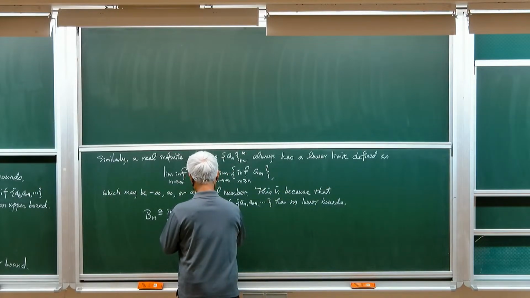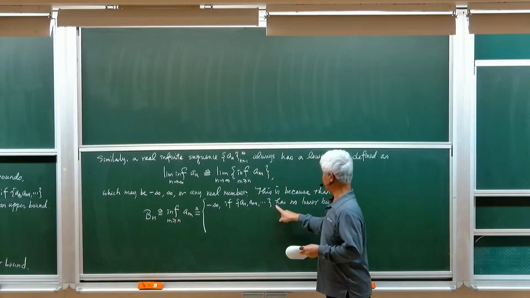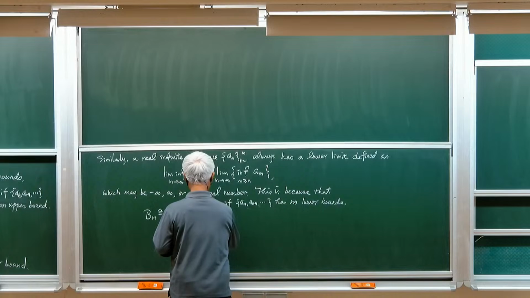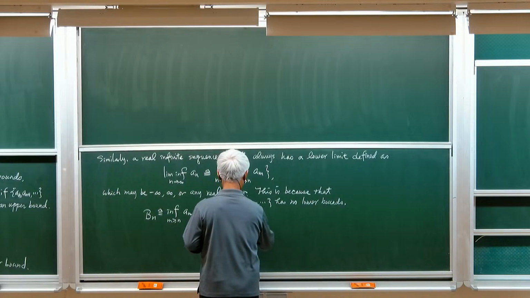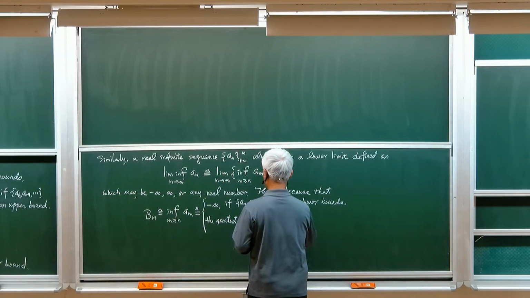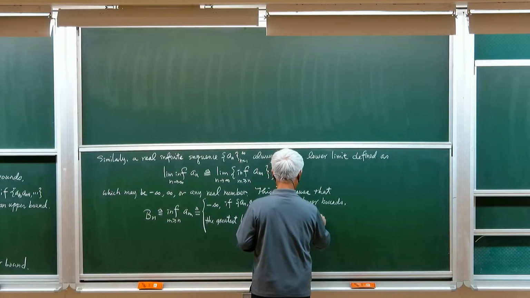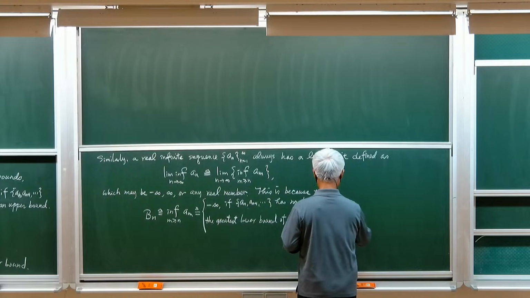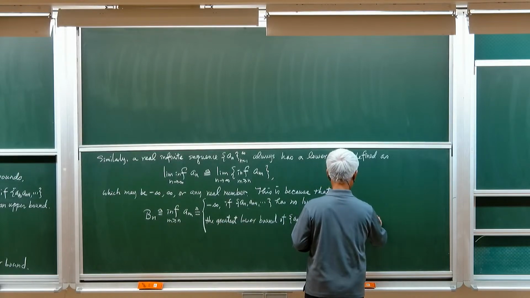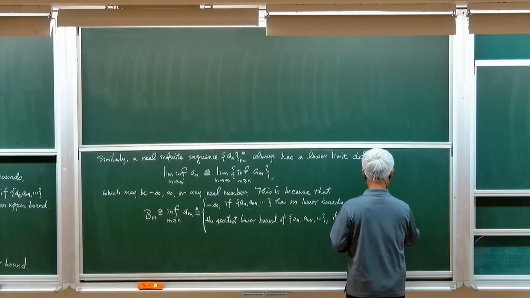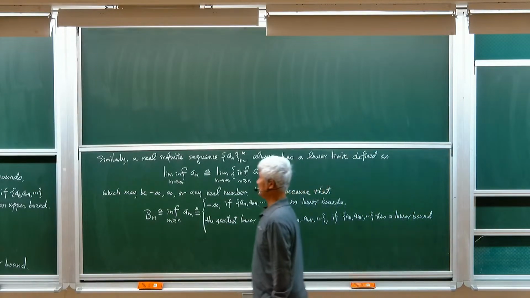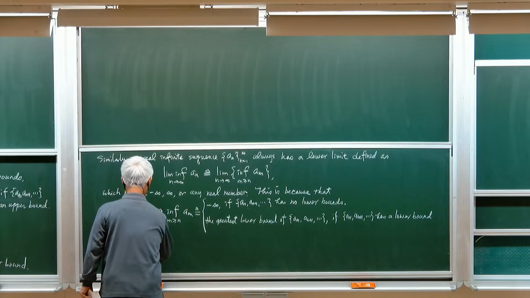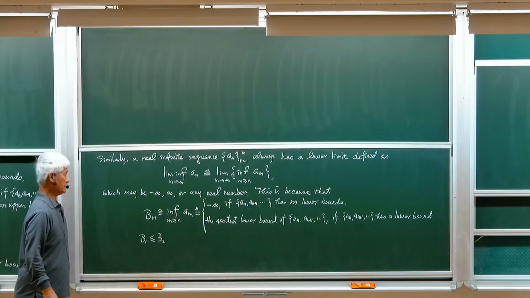But if this set has a lower bound, then this is equal to the greatest lower bound of a_n plus 1, etc. Now we can see that B_1 is less than or equal to B_2.